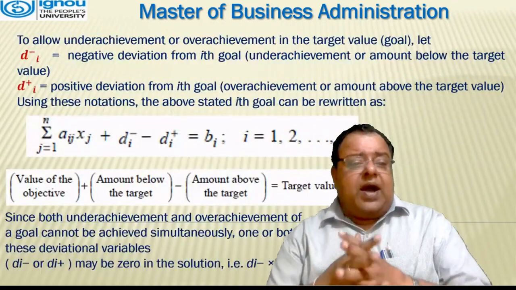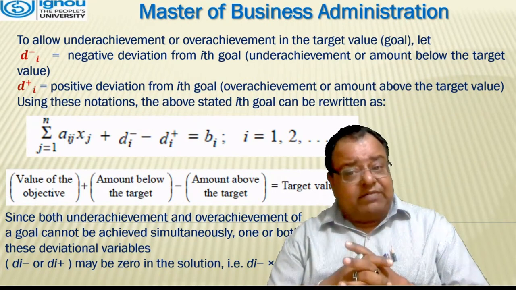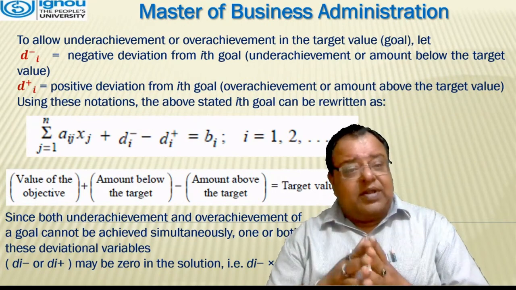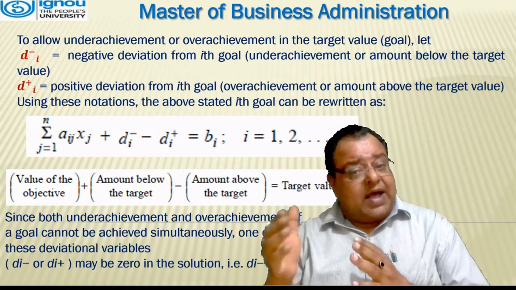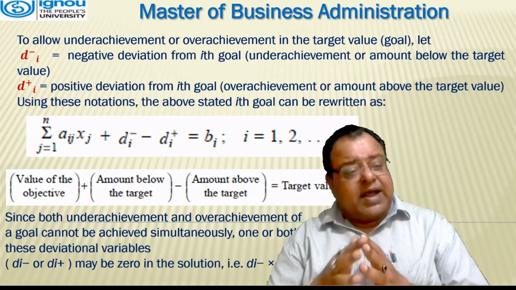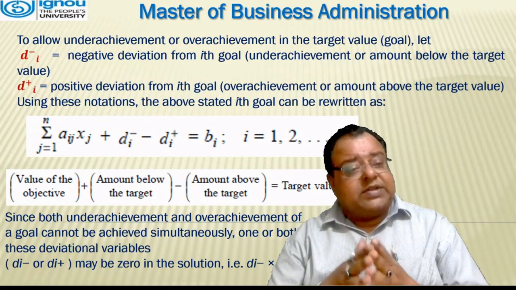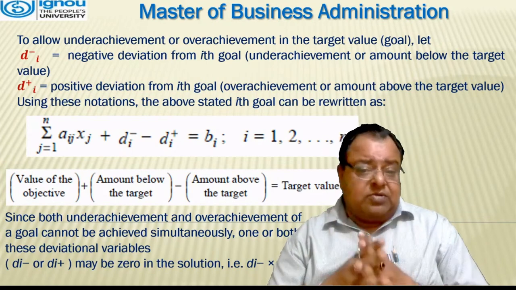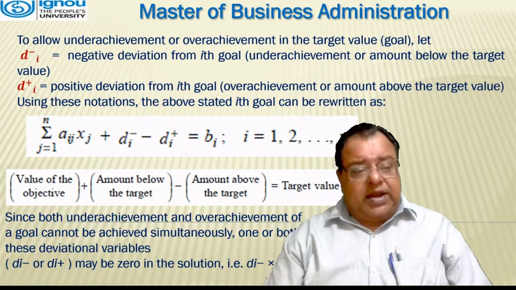To allow underachievement or overachievement in the target value, that is the goal, let di minus be the negative deviation from the ith goal, that is underachievement, or amount below the target value, and di plus be the positive deviation from the ith goal, that is overachievement or amount above the target value.